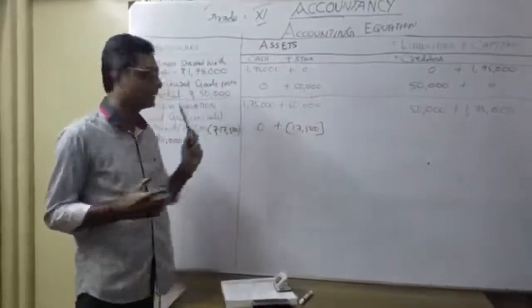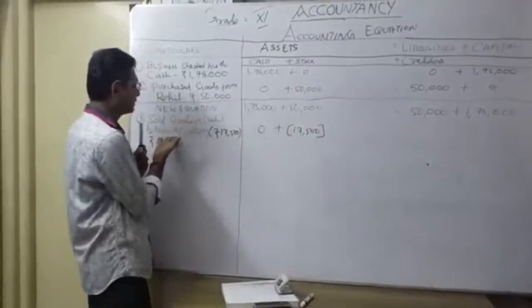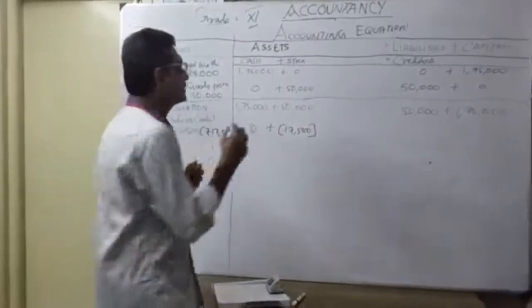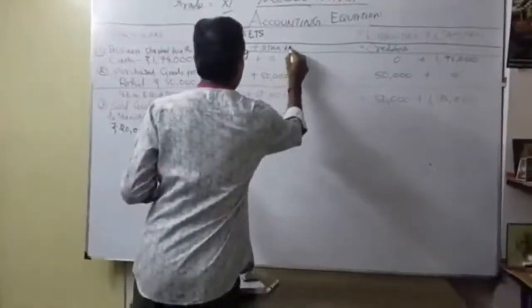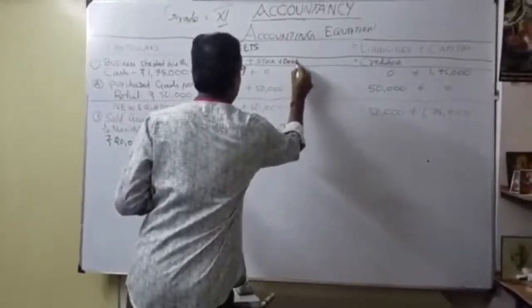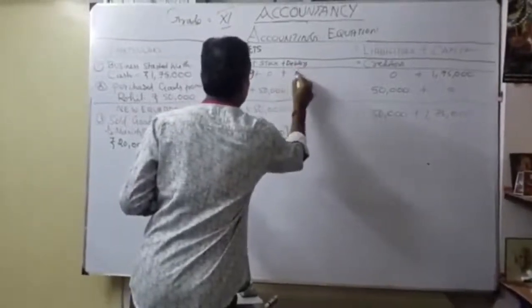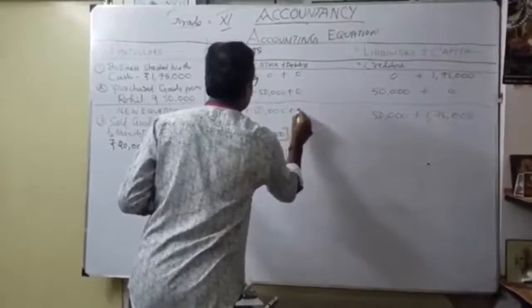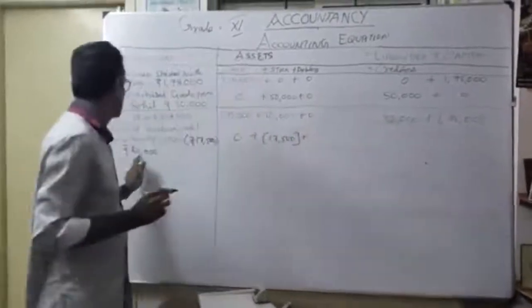One is over. Thereafter, I sold to whom? Manish. So we call this here debtors. Have you understood why I am putting it like this? So debtors plus 0, plus 0, plus 0, plus how much we sold? 20,000.